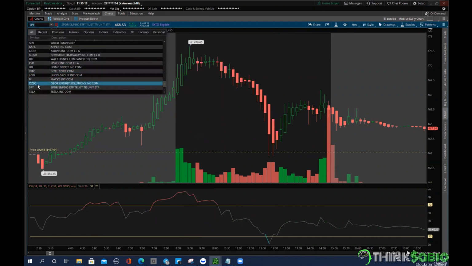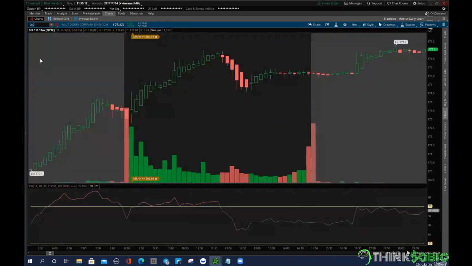Let's say Disney made a good run here. Because it crossed the RSI threshold, if you had gone short, you would have made a great mistake for your portfolio. It went up and up and up. See how it stayed up and traded sideways here.